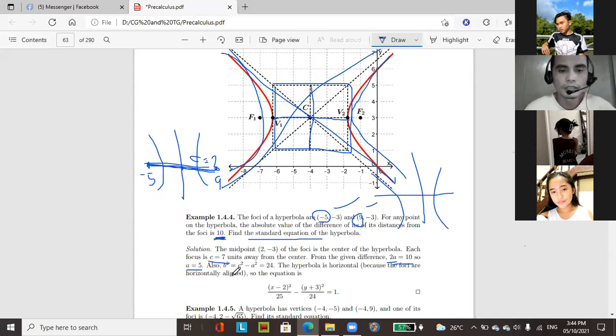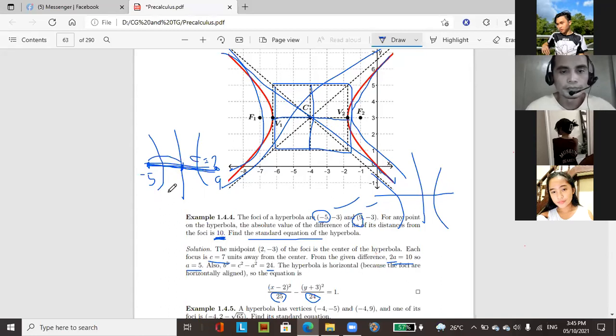So it follows that our A is equal to 5. So therefore, solving B squared, that is equal to 24. So we have now A squared and B squared. So our h is equal to -2, tunga-tunga ni -5 og 9. Na diri si -2. So -5 plus 7, mao siya diri si -2, +2.